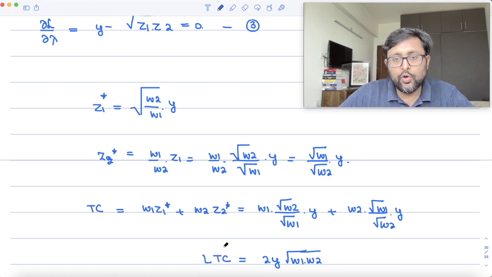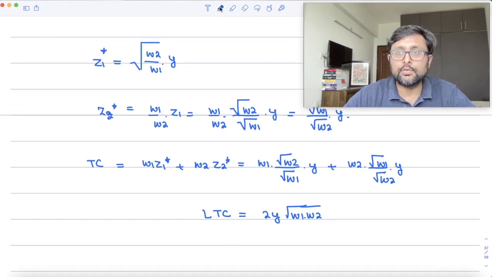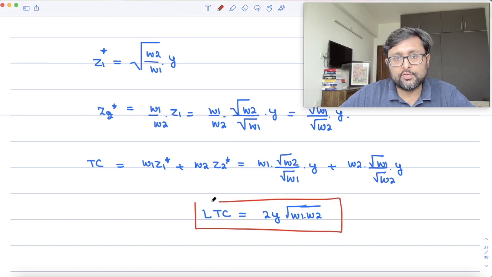So this is what my long run total cost function is.